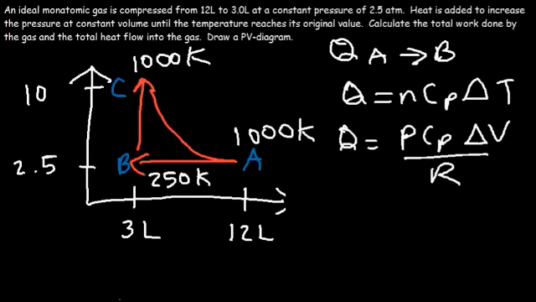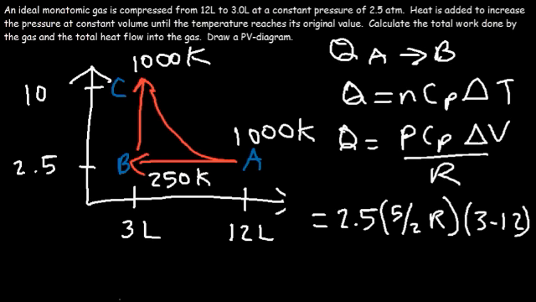So Q is going to equal P, which is 2.5 atm, times Cp, and this is a monoatomic gas. So therefore, Cp is going to be 5 over 2 times R. Cv is 3 over 2 times R. Delta V, the change in volume, final minus initial, is 3 minus 12, and then divided by R. And don't forget, you need to multiply this value by 101.3 to convert it to joules.